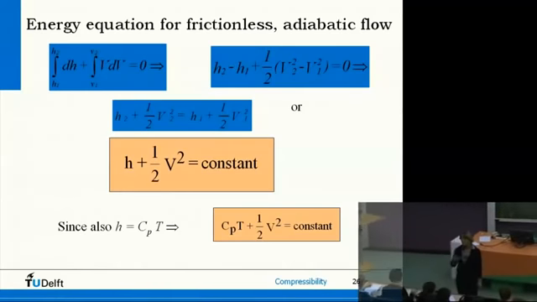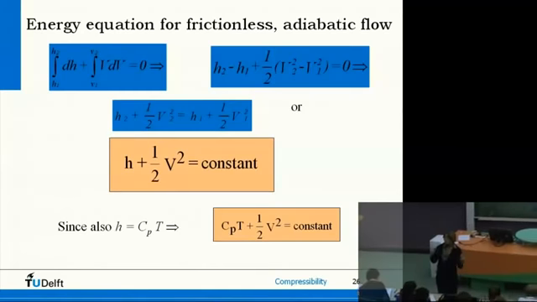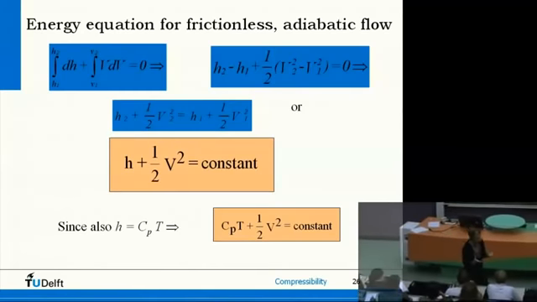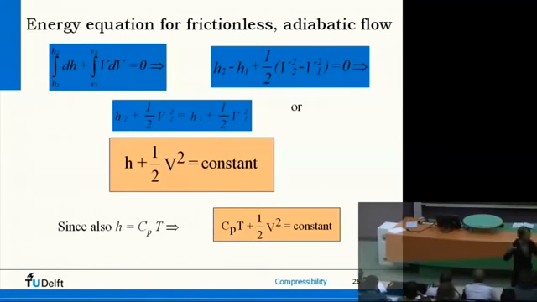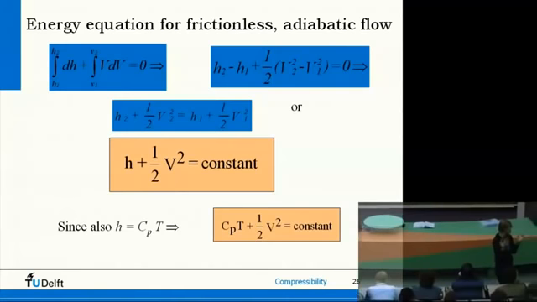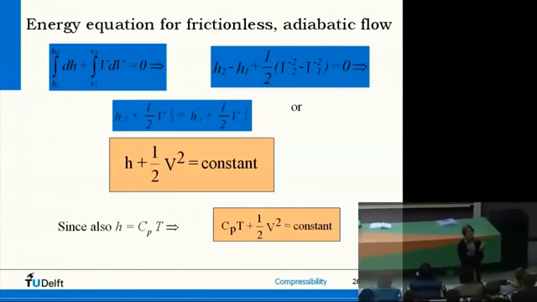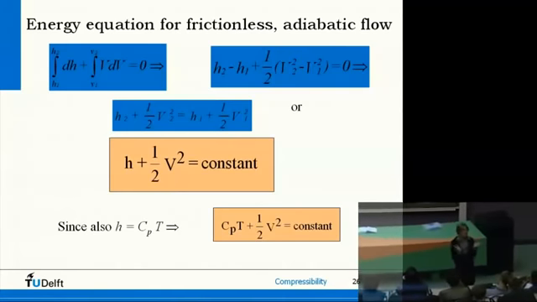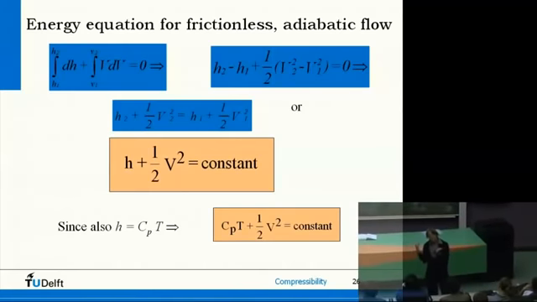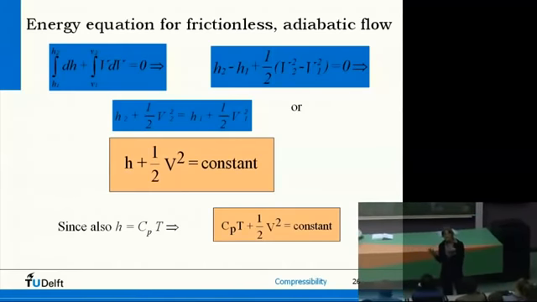So h is cp T. So I have temperatures related to velocities. And this is a key difference between incompressible flows and compressible flows. In incompressible flows, it is small pressure forces driving the speeds: P plus a half rho V squared is constant. In compressible flows, we have large density changes and temperature changes driving the speeds.